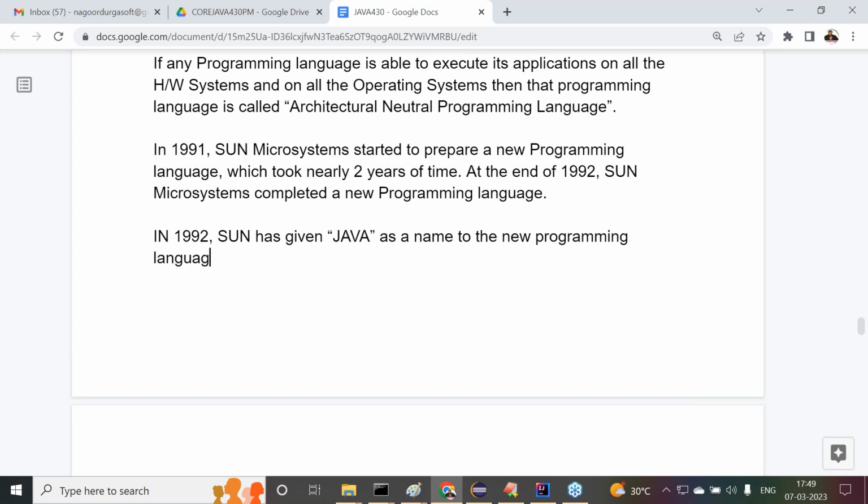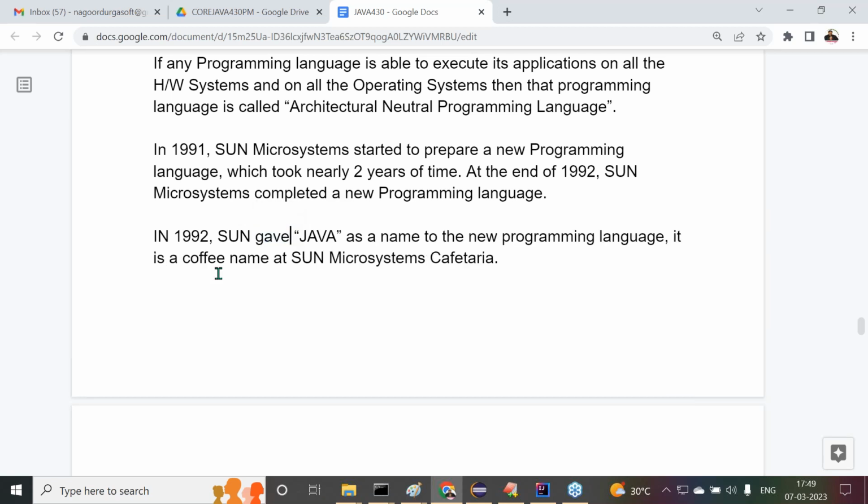It is a coffee name at the Sun Microsystems cafeteria. All right, sir. Sun gave Java as the name to the new programming language. It is a coffee name at the Sun Microsystems cafeteria. That's it. I don't want to give much story about it. This is the information we can understand, not more than this.